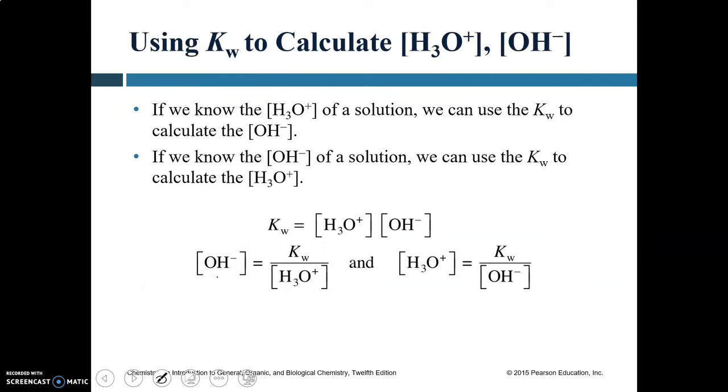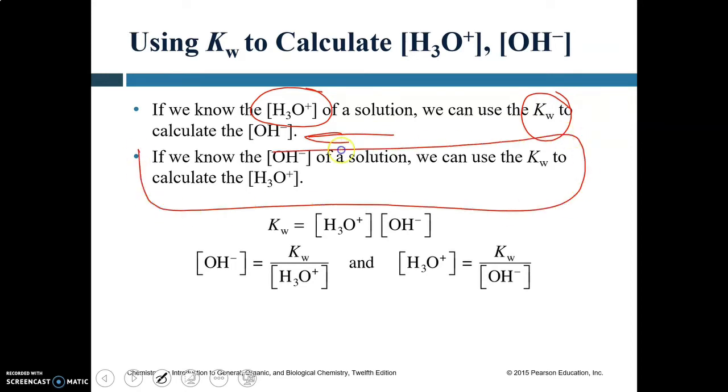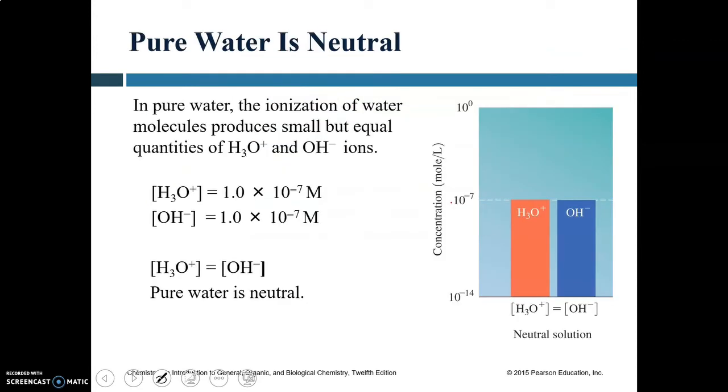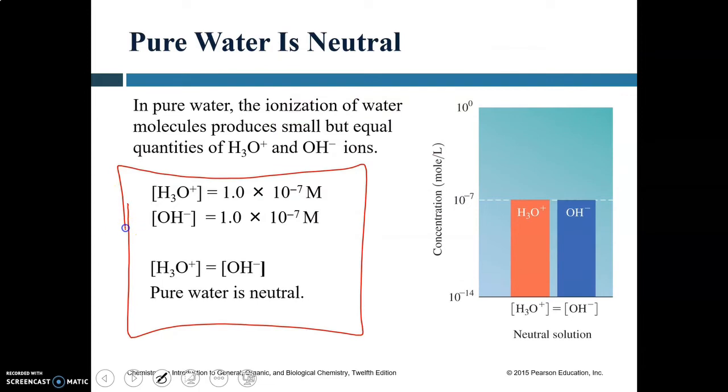Therefore, if we know the concentration of, say, hydronium ion, we can use ion product constant of water to calculate the concentration of hydroxide and vice versa from that exact equation. So here, pure water is neutral, the concentrations of these two ions are equal.